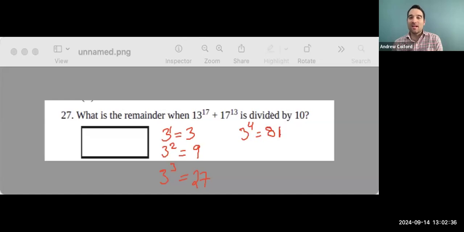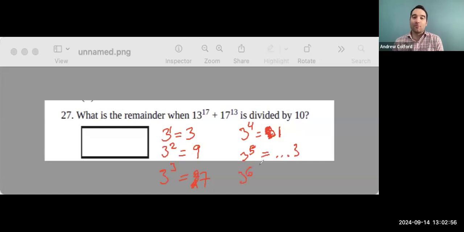And at this point, I'm going to stop paying attention to everything except the units digit. When I multiply this by 3 to the 5, I'm raising this by another 3. It's going to end with a 3, 243.